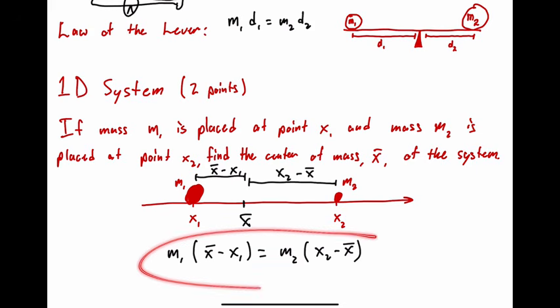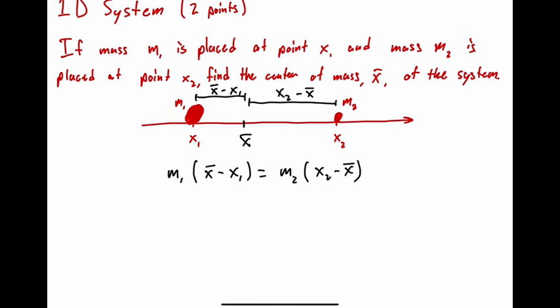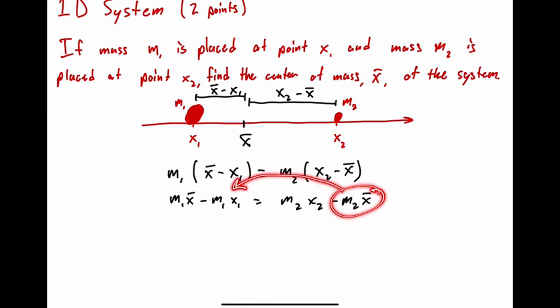Now that we've got this formula, we are going to solve for x bar. Start by distributing the masses on both sides: m1 times x bar minus m1 times x1, and distribute on the other side of the equation. And now I'm trying to solve for x bar, so I want to isolate those terms together. I'm going to move the m2 x bar over to this side of the equation by adding to both sides, and then I'm going to move this m1 x1 to the other side.